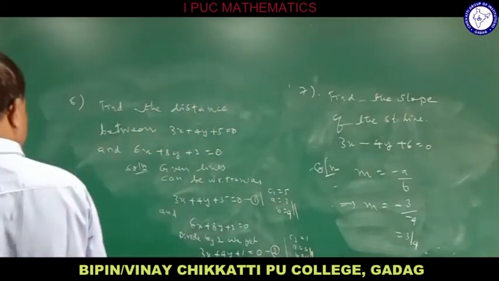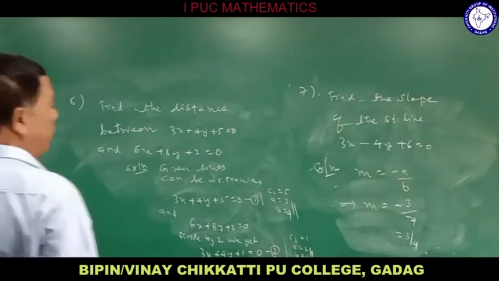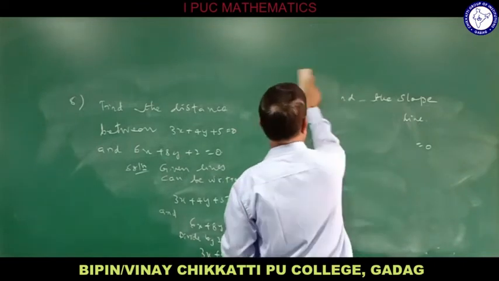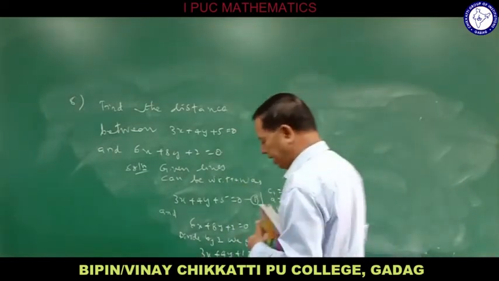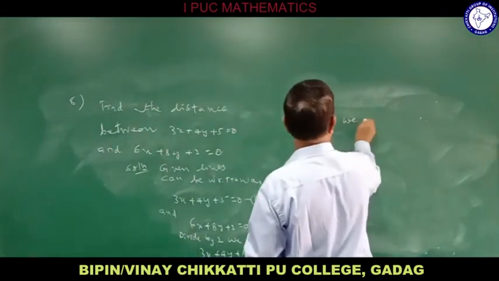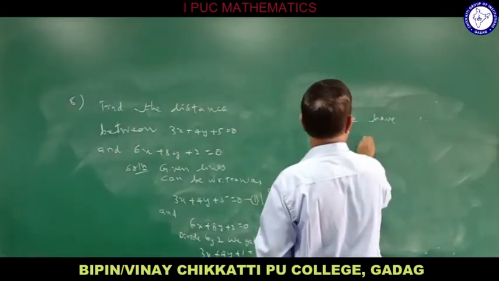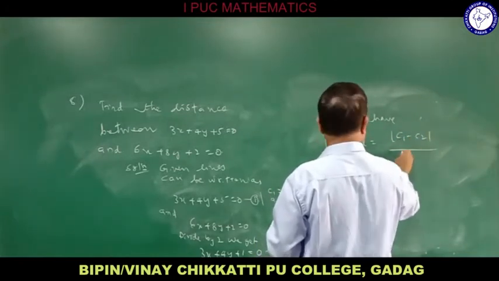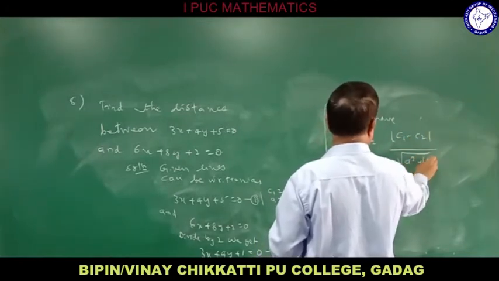Now what is the formula to find the distance between the parallel lines? If they are not in standard form, first you have to make it standard form. So now we write the formula. D is equal to modulus of C1 minus C2 divided by root of A square plus B square.